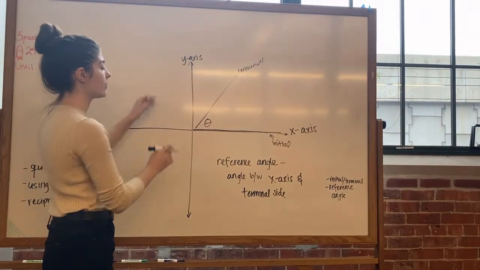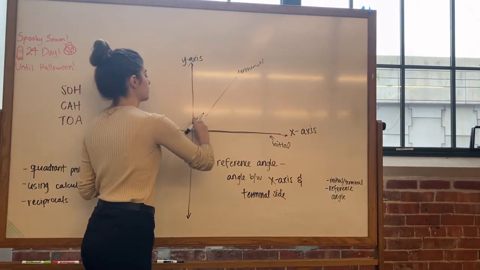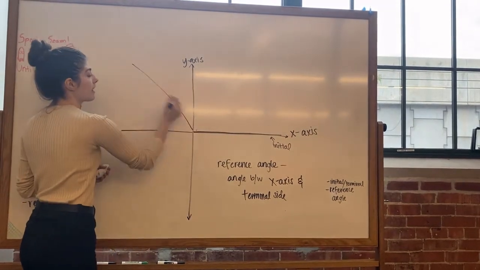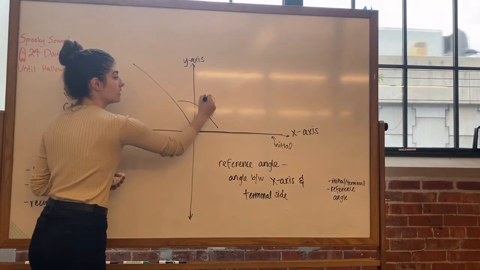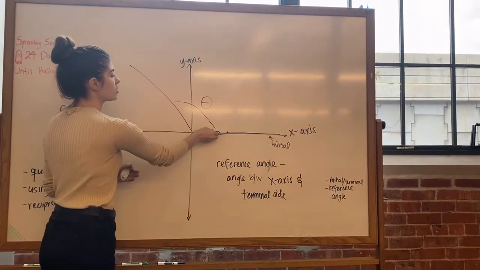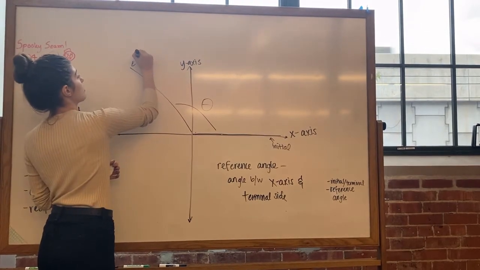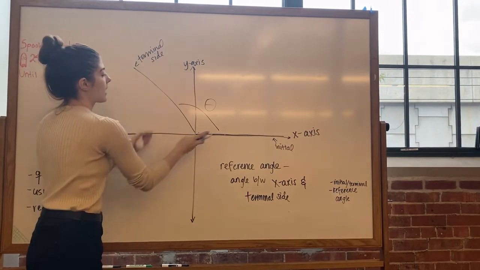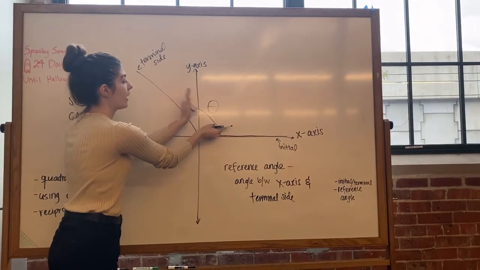But let's say we're over on this quadrant, in the second quadrant. Okay. So let's say we're drawing an angle over here. This right here is theta. This is the angle between our initial and our terminal side. And then we label this terminal side. So this is our terminal angle.